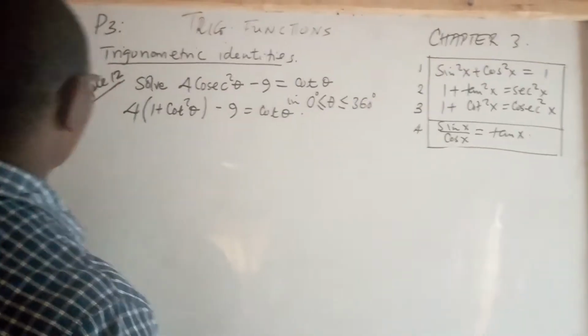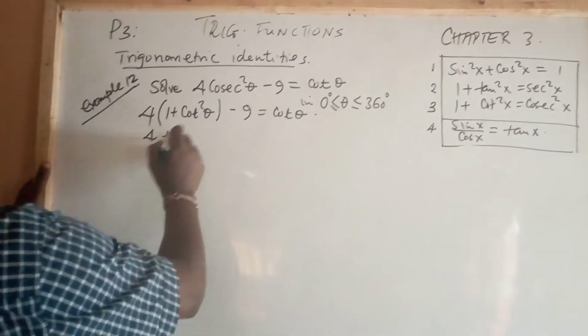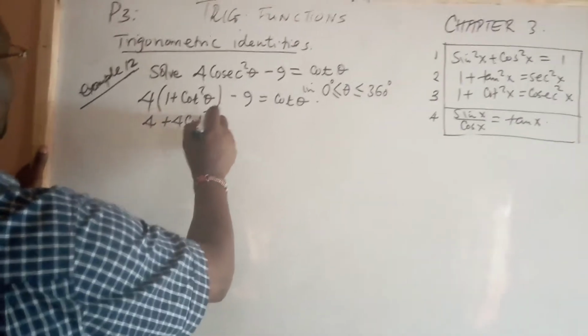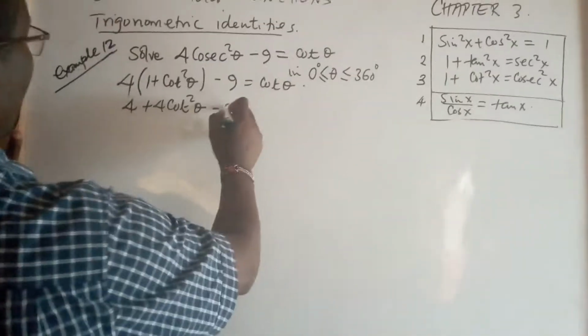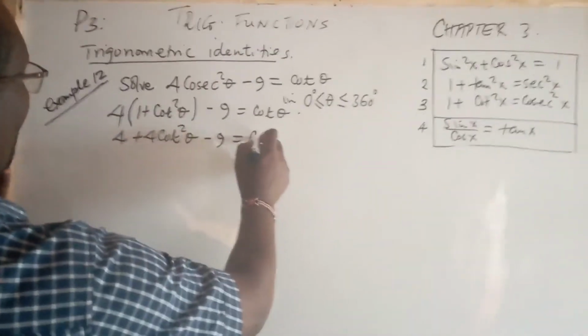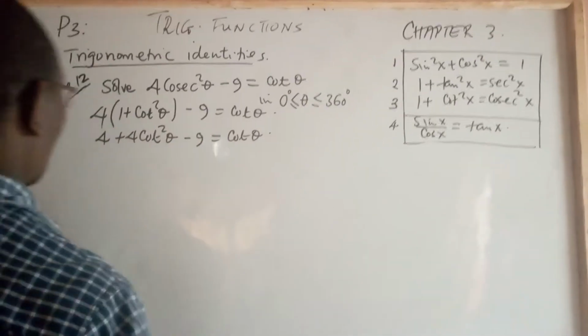And what we have here is 4 plus 4 cot squared theta minus 9 is equal to the cot of theta.